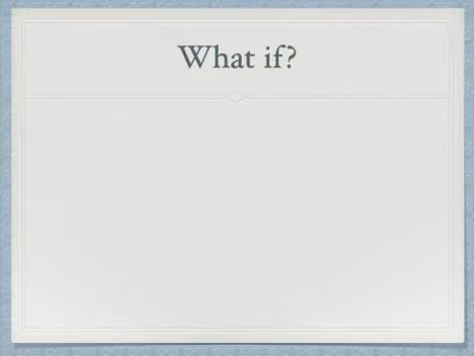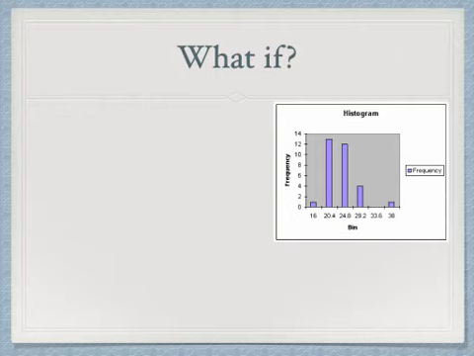So what if we were given a histogram and we were asked which measure of center or spread we would prefer to represent the data? Now, you're not given the mean or the median, but look at the shape of the histogram. If you notice to the right, we have an extreme upper outlier. The histogram is not symmetric.